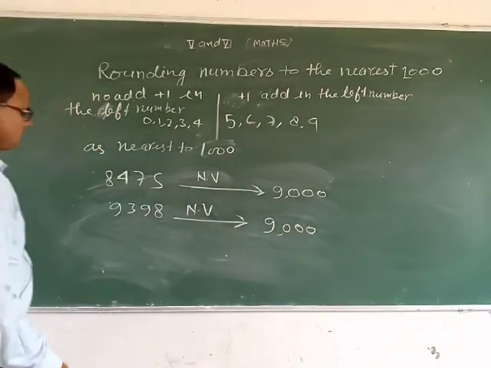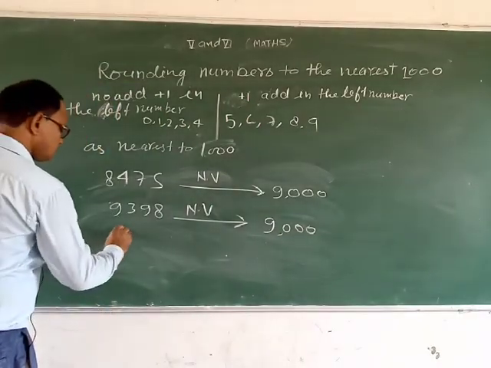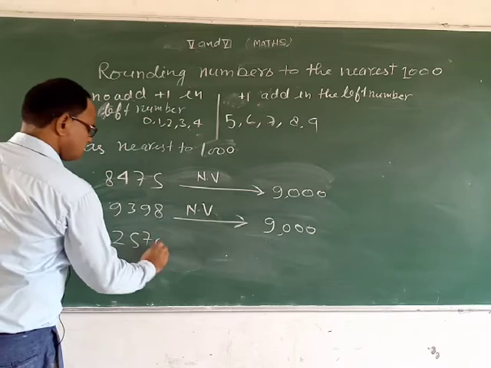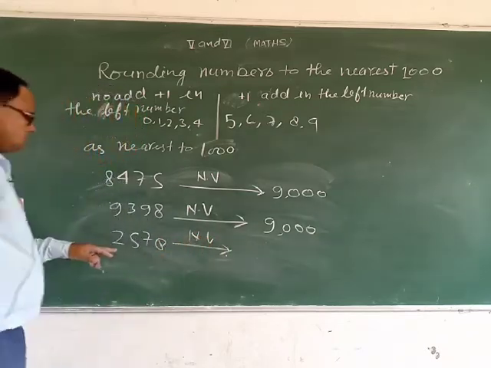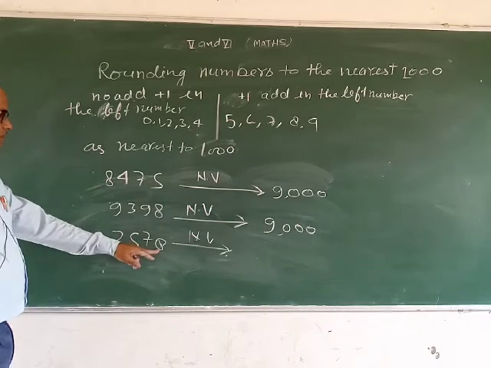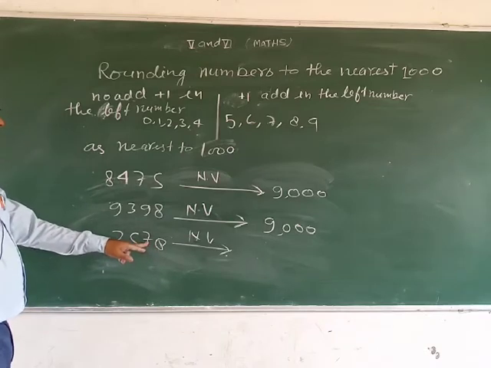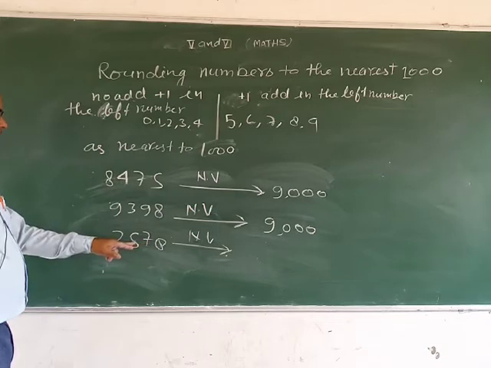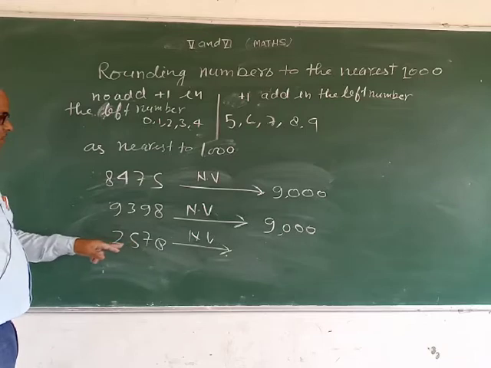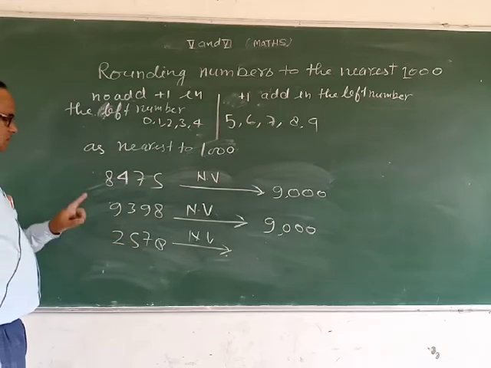Okay, student. And here 2578. Its nearest value. Once it terminates, add plus 1, 8 terminate here, add its, then 5 plus 1 is 6. 6 terminate here, it gives plus 1.